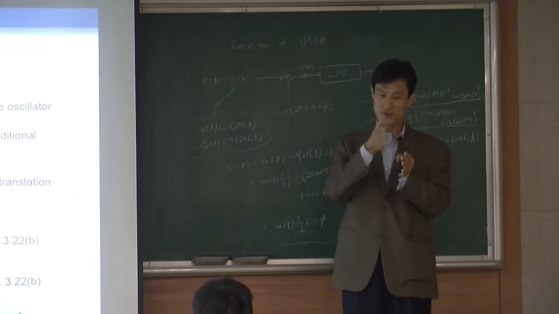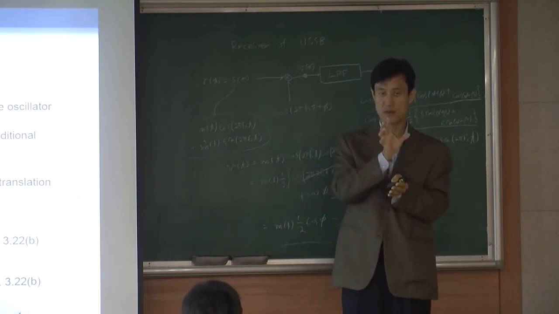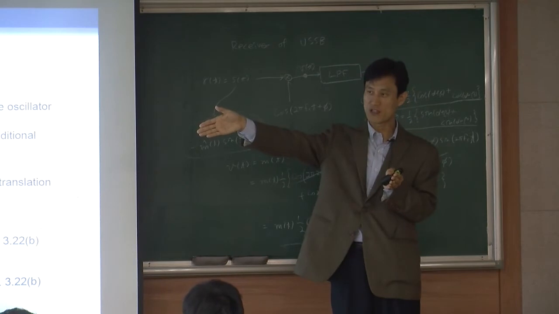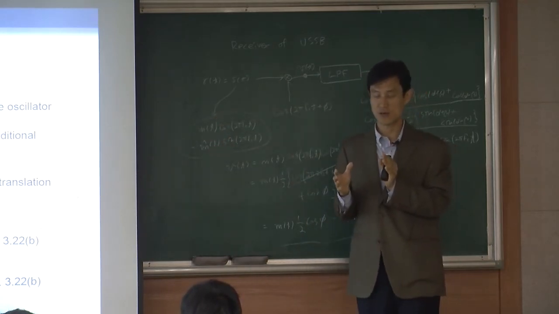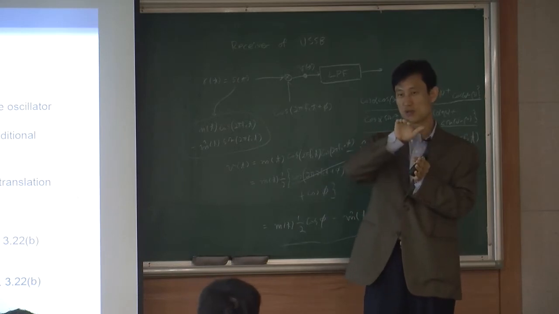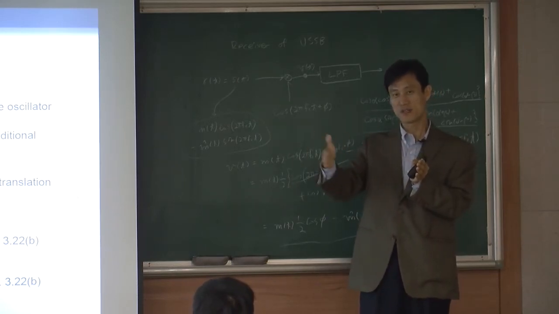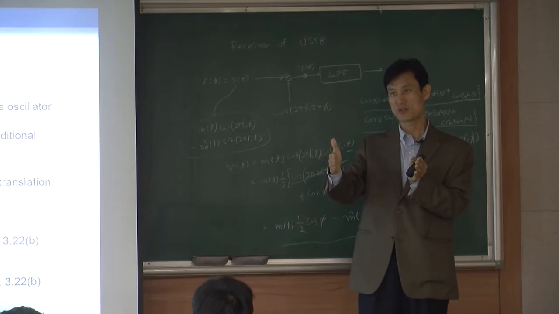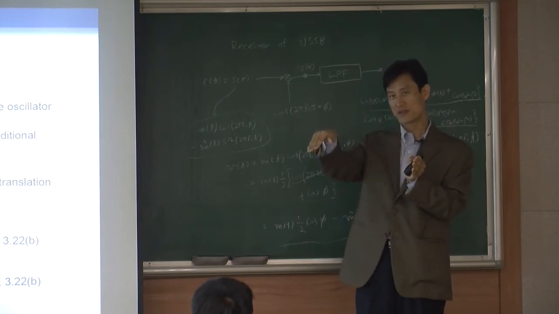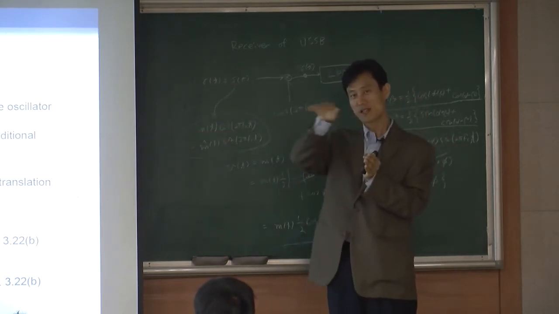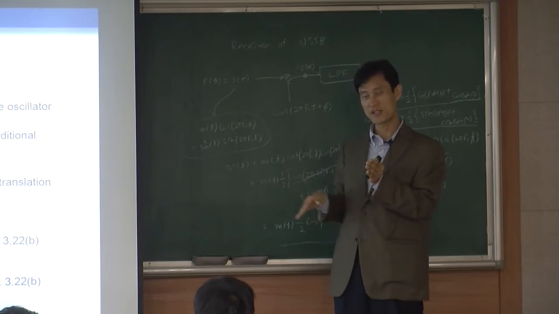But jumping from DC or baseband to 1.8 gigahertz is a big jump. So in a lot of cases, you jump to some frequency in the middle, like 100 megahertz or something like that. We call that an IF. You jump to IF first and then jump again. So it's like a second jump. They typically do that.